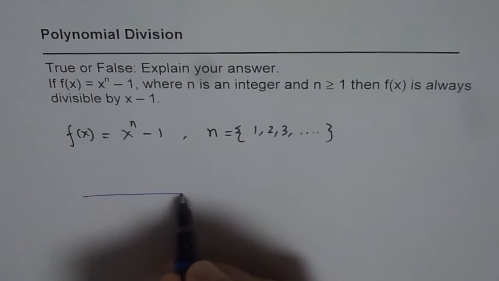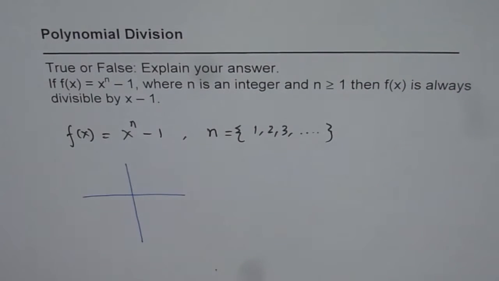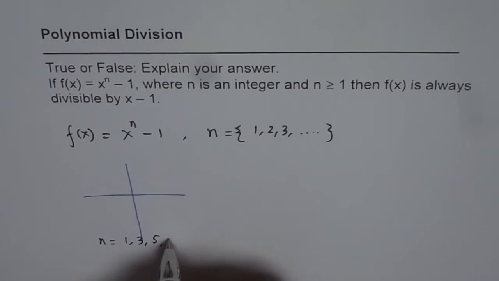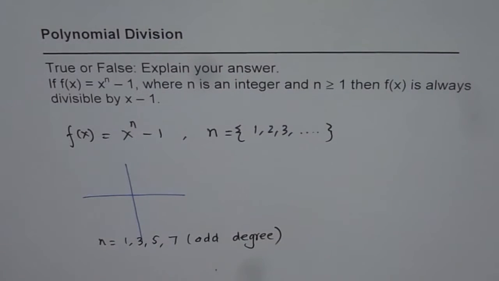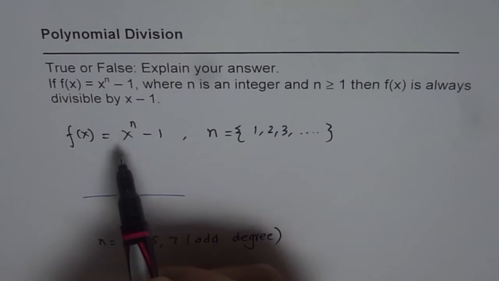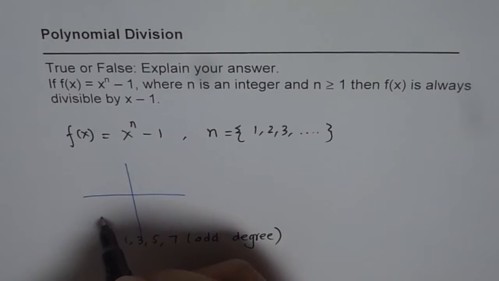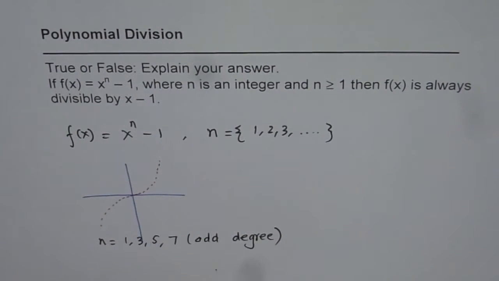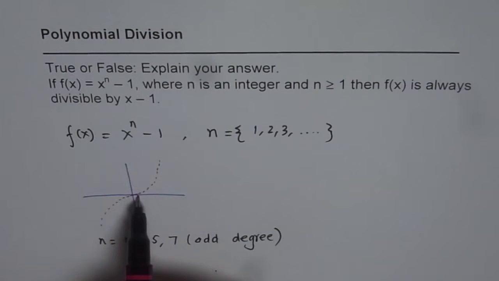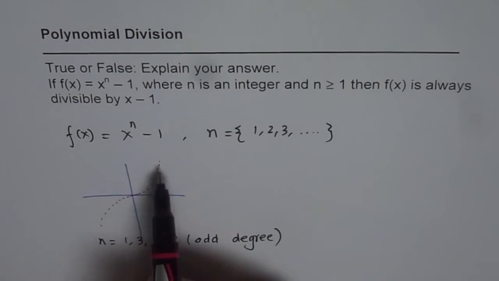If we try to sketch an odd degree polynomial, where n is equal to either 1, 3, 5 or 7, that is to say odd degree, then x to the power of n will be a function like this. If the degree is higher, this portion will be flatter, that is all. But it will be like this.